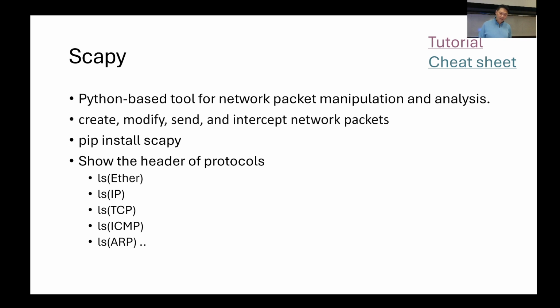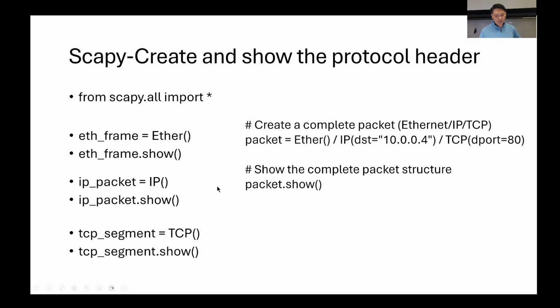Also, that's the way to install, but our pwn.college environment has it pre-installed. And these are the basic commands: ls Ether for the Ethernet packet, Ethernet frame, ls IP packet, TCP segment, HTTP protocol, and ls with parentheses. They show the header structure.